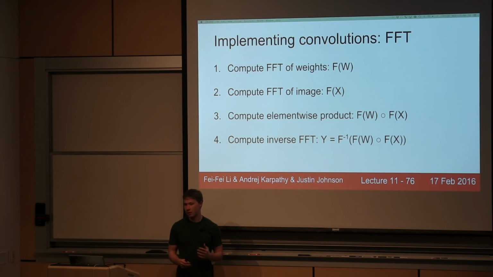First we use the fast Fourier transform to compute the Fourier transform of the weights, and also the Fourier transform of our activation map. Now in Fourier space, we just do an element-wise multiplication, which is really, really fast and efficient. Then we use the fast Fourier transform again to do the inverse transform on the output of that element-wise product. And that implements convolutions for us in this cool, clever way.